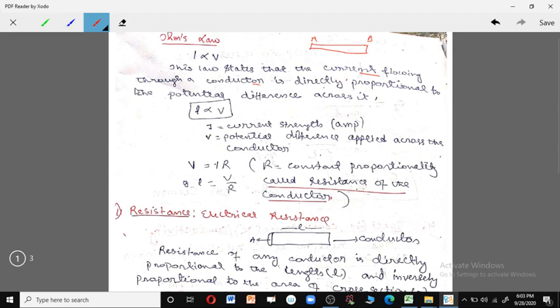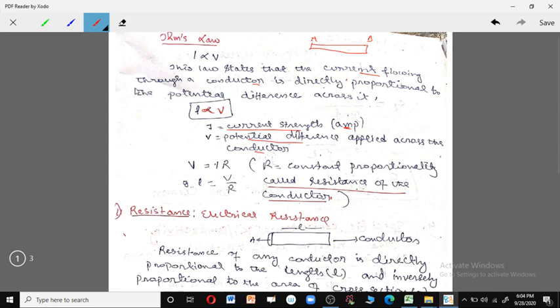It is directly proportional to the potential difference, as we have discussed, denoted by V. So I is directly proportional to V. This I is the current strength, in amperes. V is the potential difference applied across the conductor.